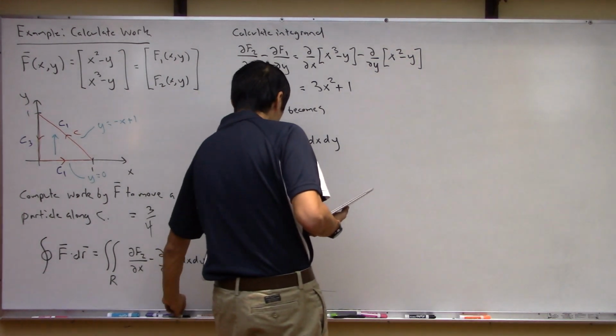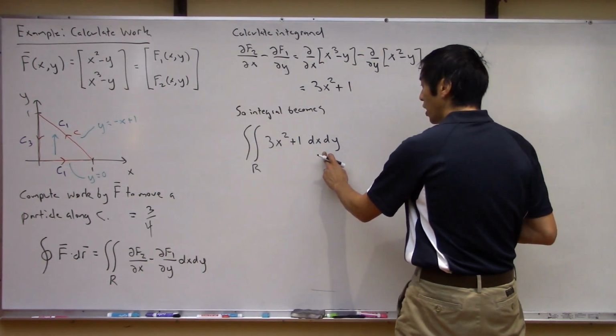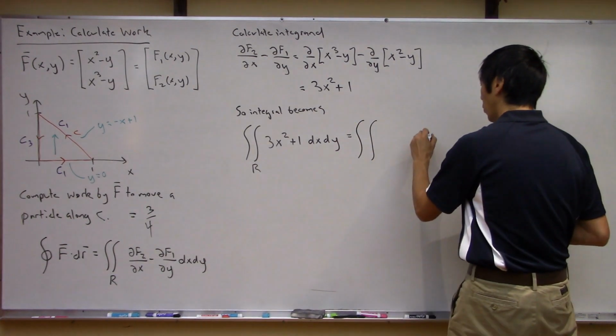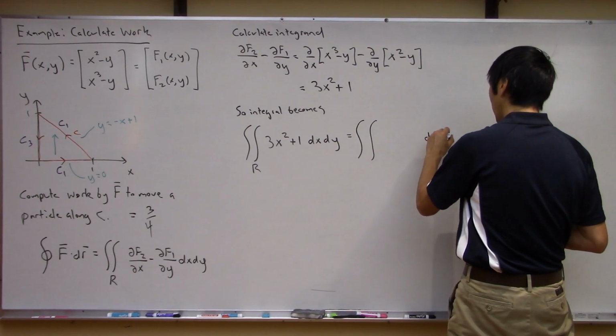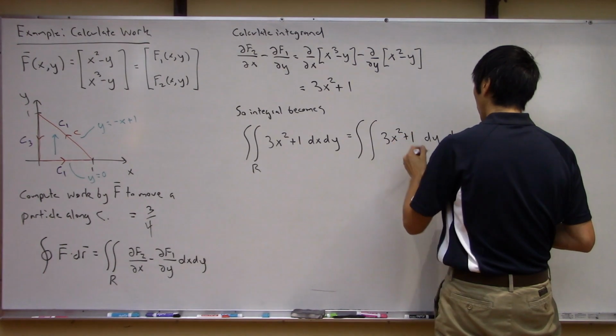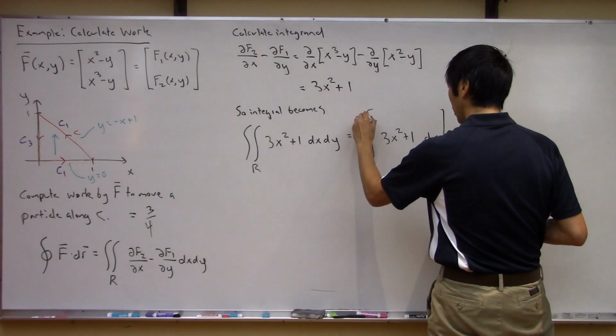Let's flip the order of integration since we're doing a type 1 region, and rewrite this as dy dx, with the same integrand. I'm going to draw parentheses just to keep myself sane, so I can do one of them at a time.